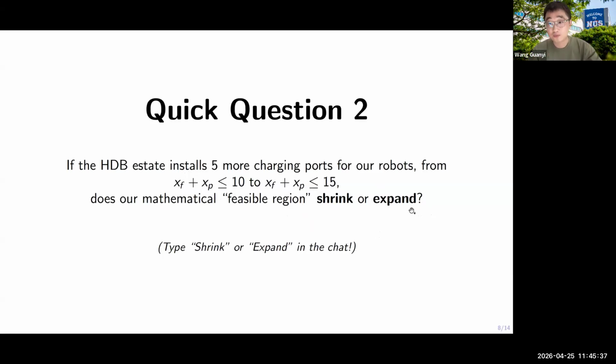When it is true, we can say that the feasible region expands, or at least does not shrink. When it is not true, we can say that the feasible region shrinks, or at least does not expand. Okay, let's move on.